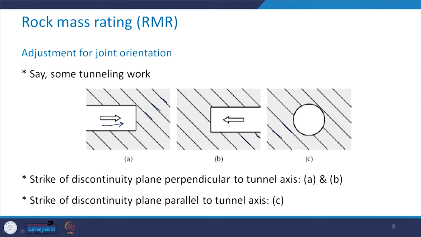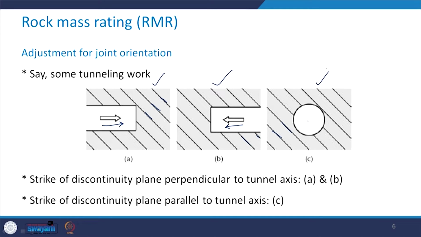In the second case, it is in the opposite direction, and in the third case, it is perpendicular to the plane of this screen. So what does that mean? In cases A and B, the strike of the discontinuity plane is perpendicular to the tunnel axis. However, in case C, the strike of the discontinuity plane is parallel to the tunnel axis.